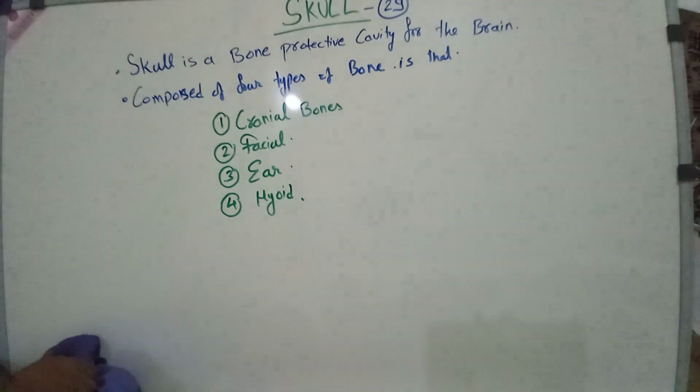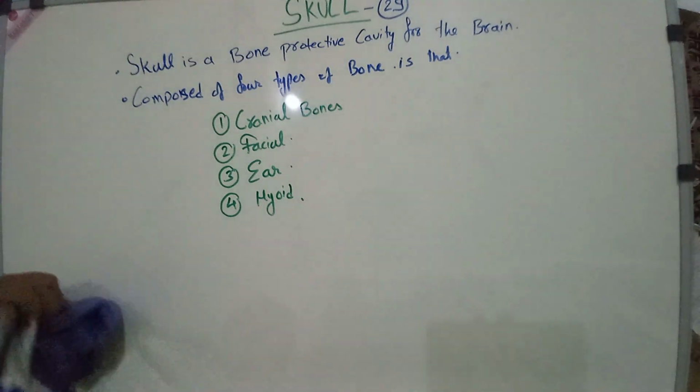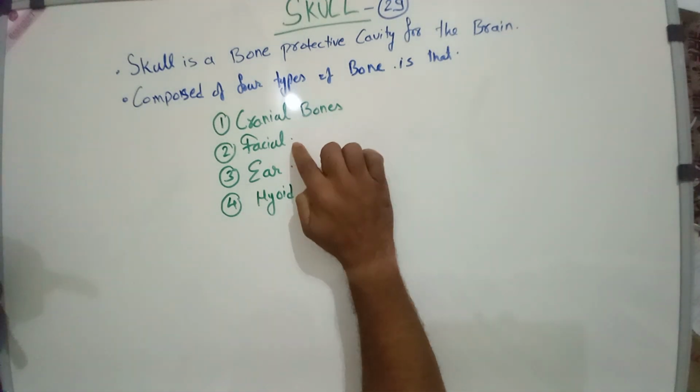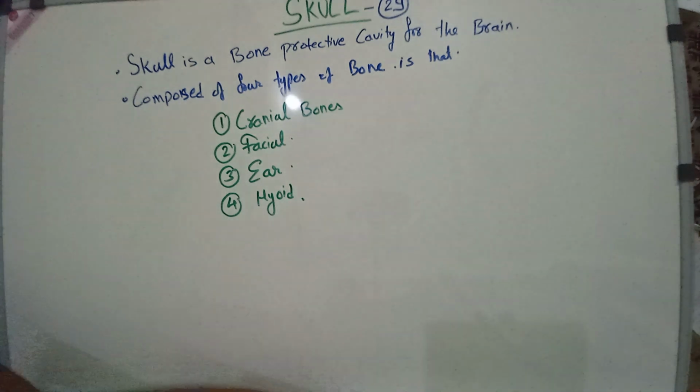Now understand, skull is a bone protective cavity for the brain and composed of four types of bone: cranial bones, facial bone, ear bone and hyoid bone.